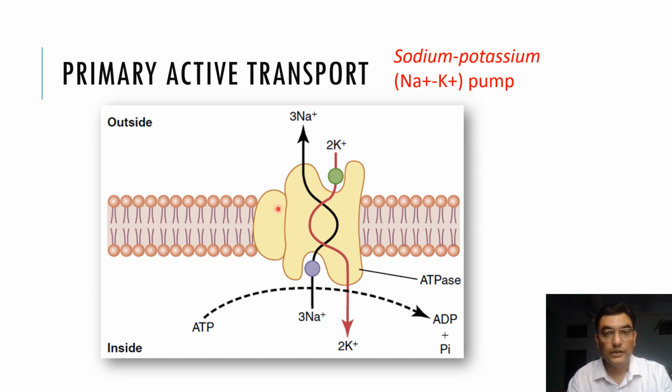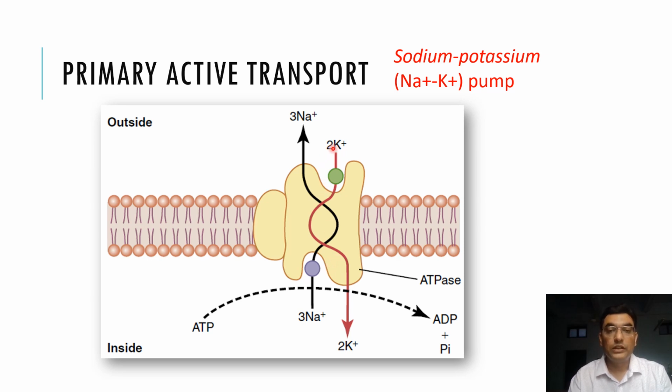First one is the alpha subunit, this one, and this is the beta subunit. The alpha subunit has binding sites for two potassiums on the outer side and three sodiums on the inner side, and the inner side also has ATPase activity.